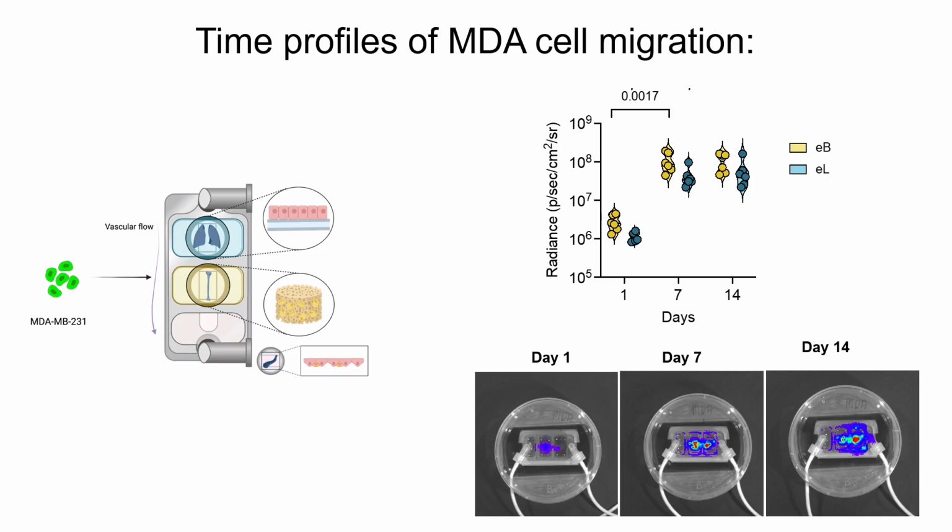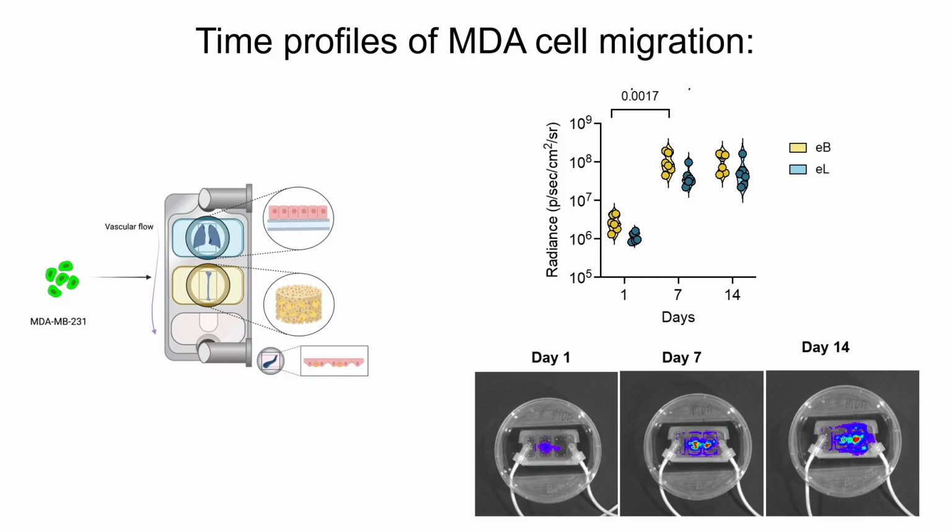So the time profiles of the MDA cell migration are shown here. You see that we started with a relatively small number of cells, and then this is a logarithmic scale. So we go up by 2 orders of magnitude in the cell number, which is consistent with the images that you have seen. So we were looking into the presence of cells by following the markers.